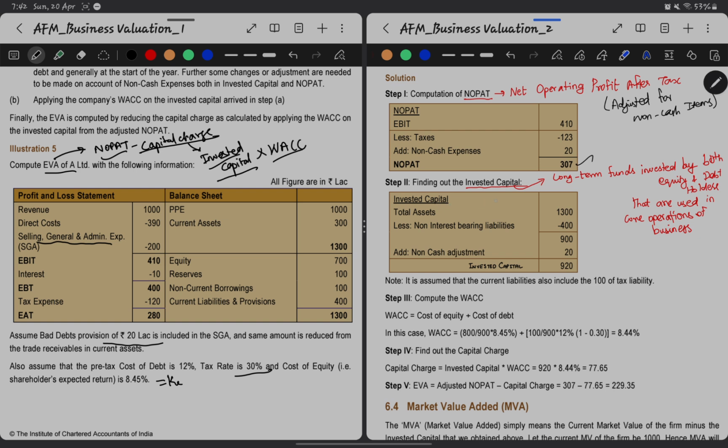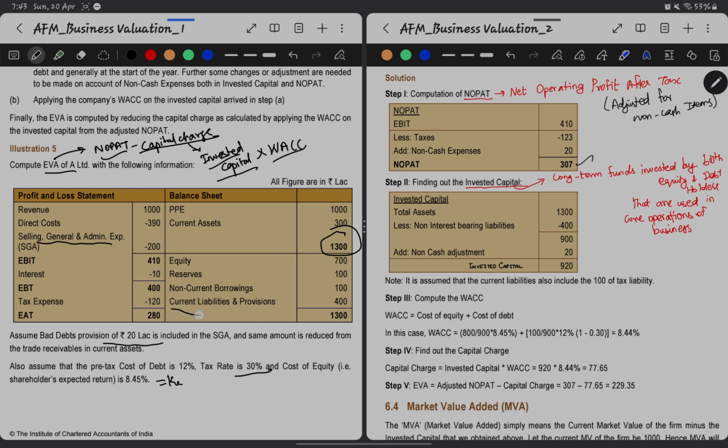Now finding out the invested capital is nothing but the long-term funds invested by both equity and debt holders that are used in core operations of the business. Hence we can find it out from the total assets employed in the business. In our case it is 1300 minus the non-interest bearing liabilities.